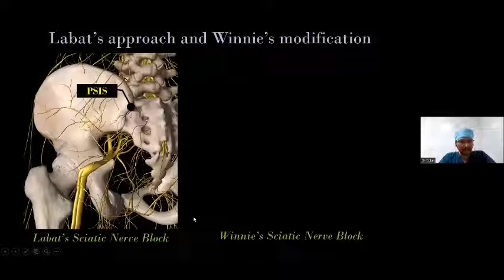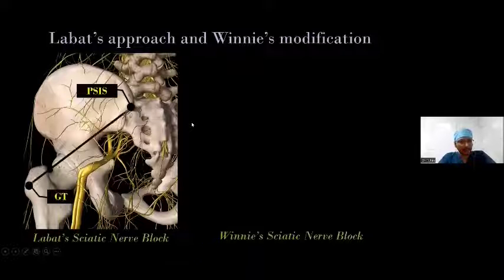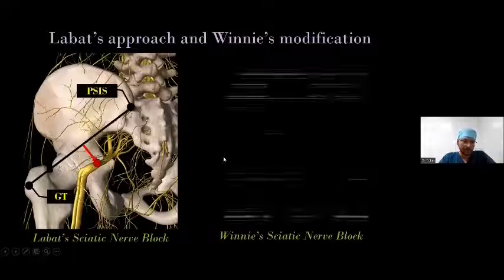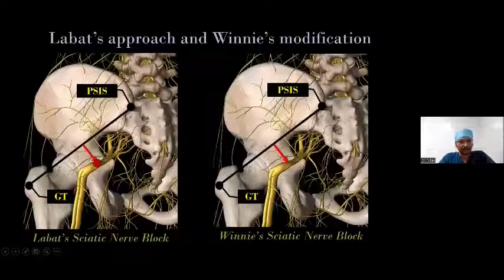For Labat's approach, this was the original classical approach. The posterior superior iliac spine and the greater trochanter are the important landmarks, and a perpendicular of 4 centimeters is drawn at the midpoint, and there is your needle insertion point.